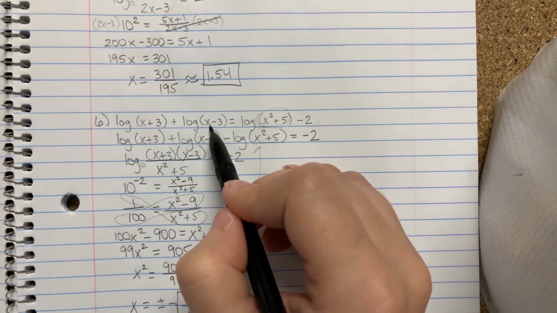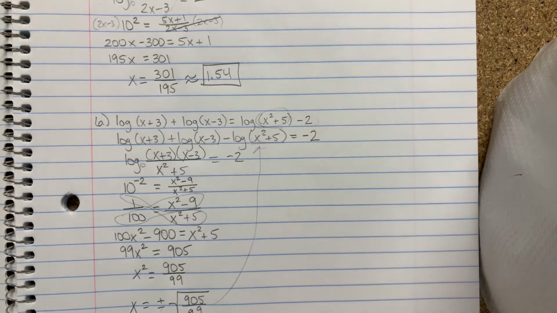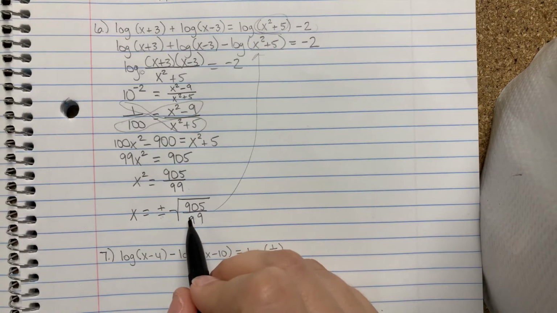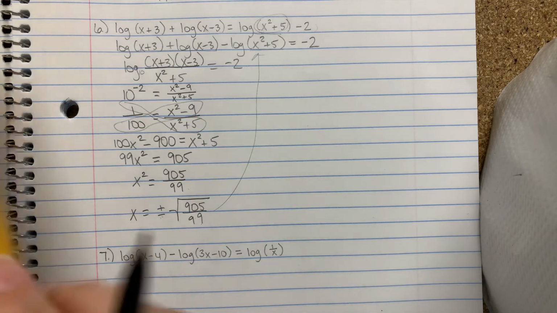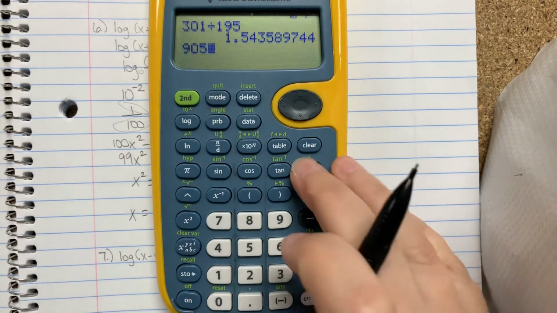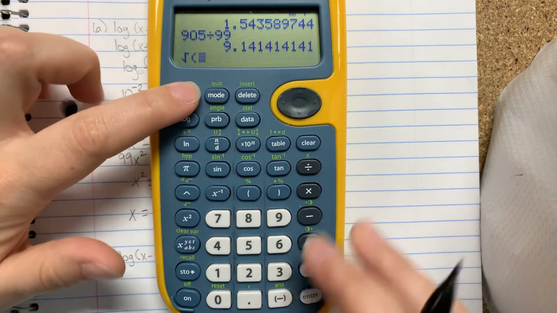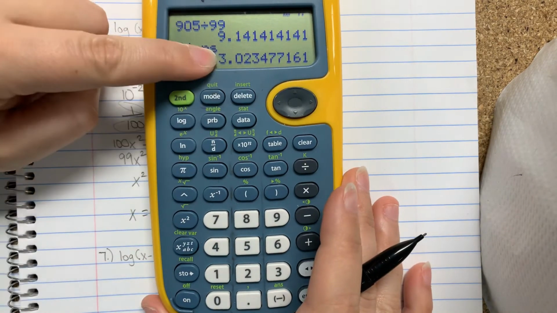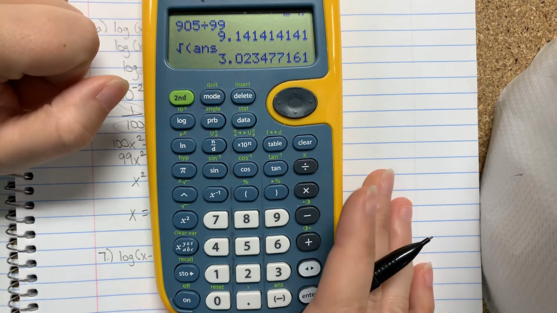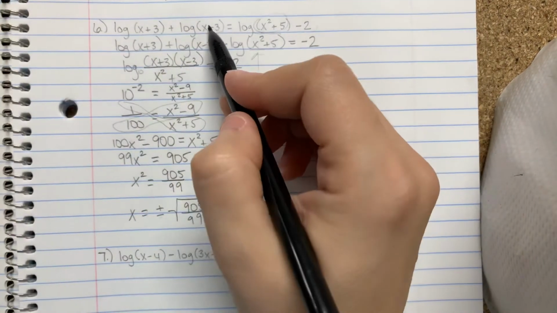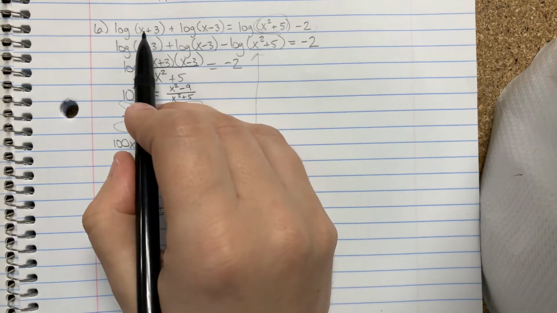This one, that minus 3, so the square root of that has to be bigger than 3. So let's look at that. 905 divided by 99, if I square root that, it has to be bigger than 3, which it is, barely, but it is. So this would still be positive, and that one would be positive.